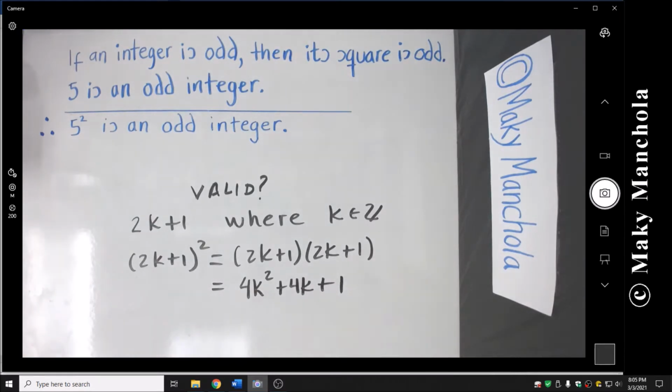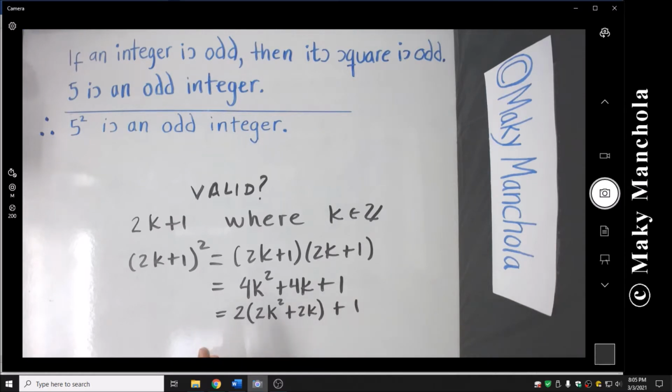Now, in the first term, let's factor out a 2. So we end up with 2 times 2k squared plus 2k, and then plus 1. This result happens to be of the form 2 times an integer, 2k squared plus 2k is an integer, plus 1.